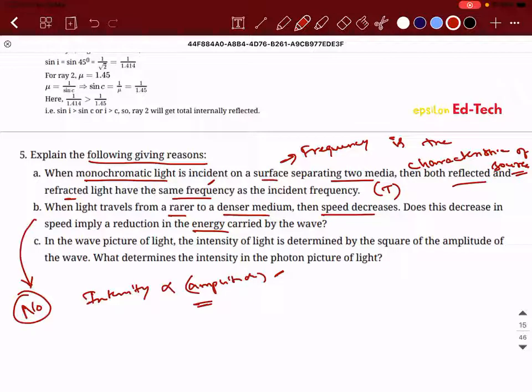So we understood from the previous concept that frequency is same, but wavelength changes as it travels from one medium to another. When wavelength is changing, speed will change, but that doesn't mean the amplitude is going to change. As long as the amplitude is going to be constant, you can say that there is not going to be any decrease or increase in the value of energy.